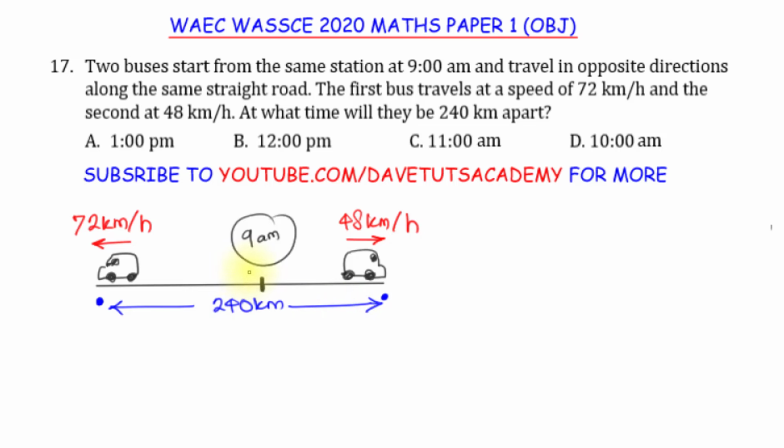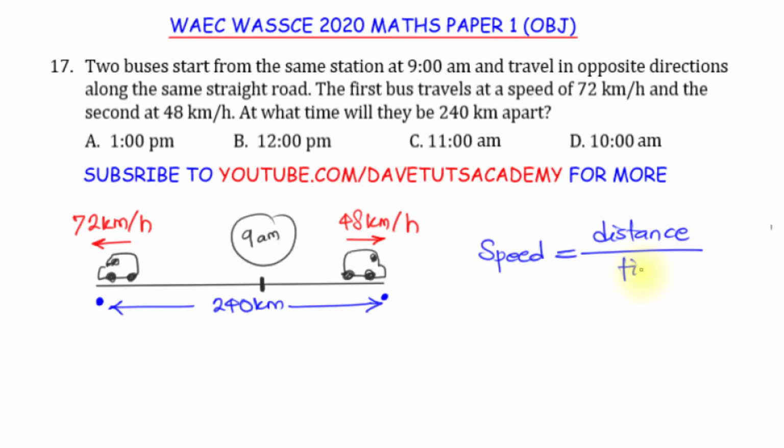We need to find the time when this will be taking place. What we need to know is that in the question we are given the speed and we are looking for the time. There is a formula that relates the two together: speed is actually distance over time.